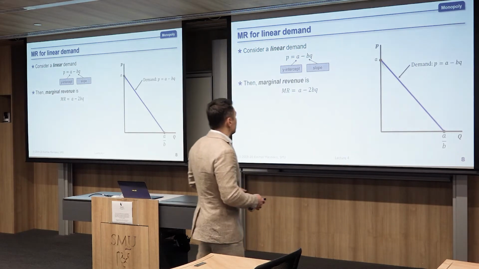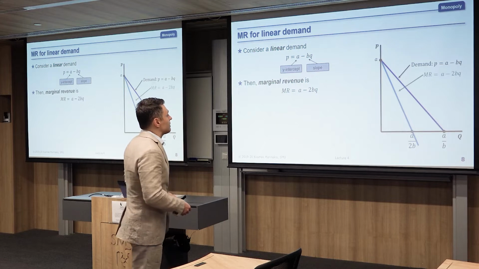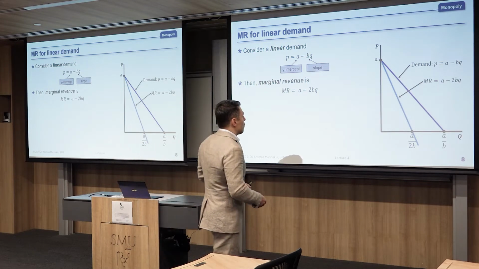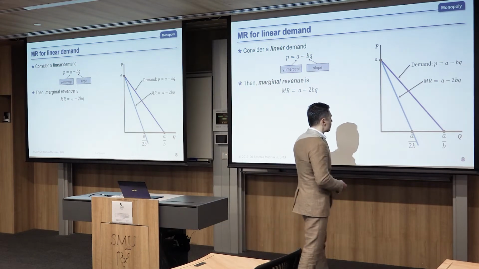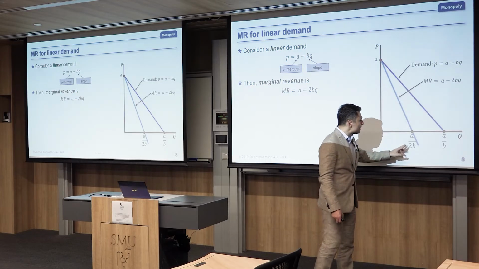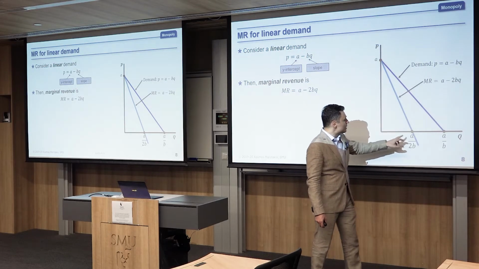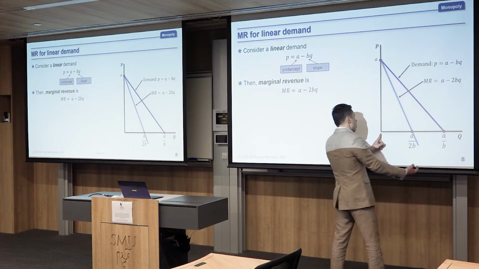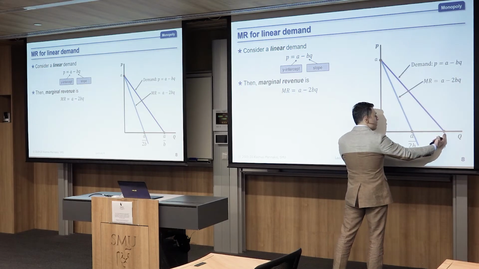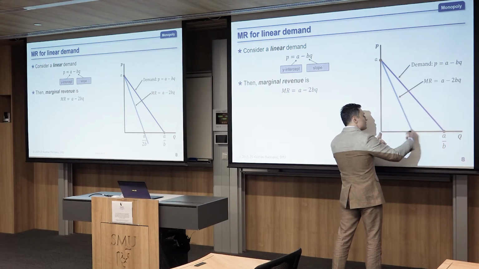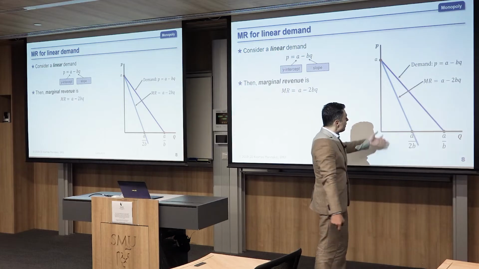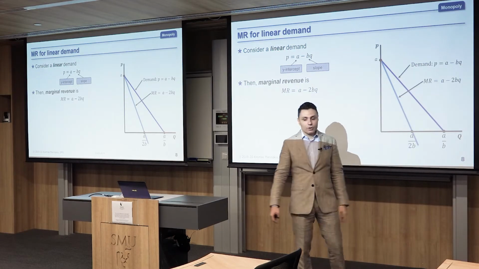So it will actually go something like that. It will have double the slope, and therefore it will actually slice in the middle this distance from the origin up to the x-intercept. It will slice it in the middle, and this is how my marginal revenue will go.